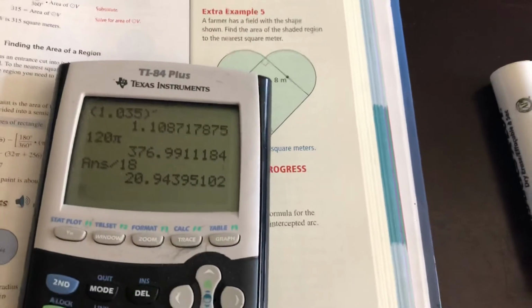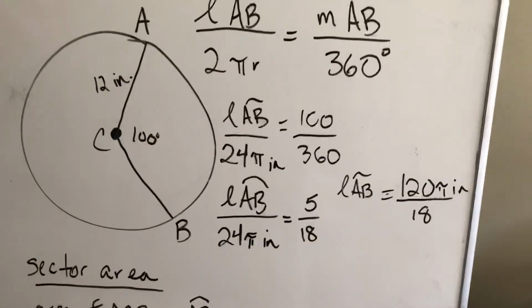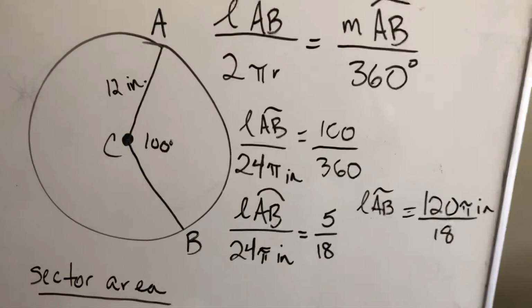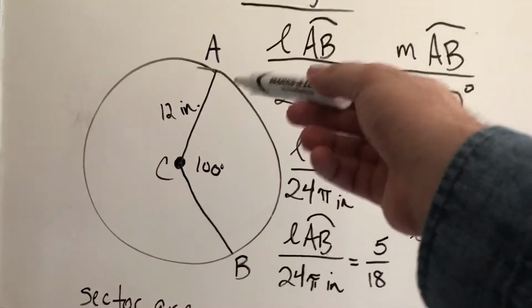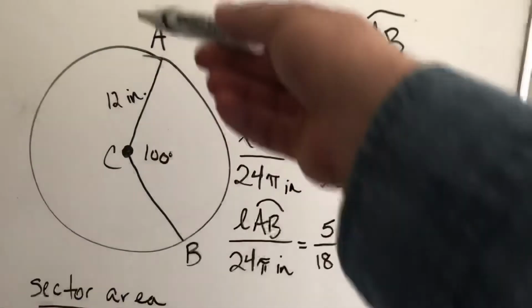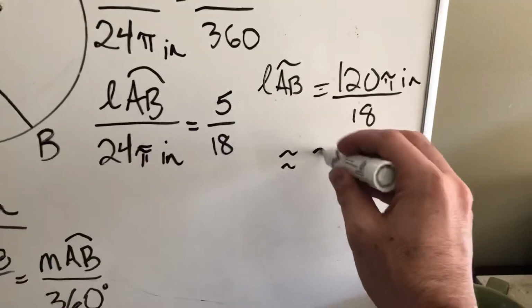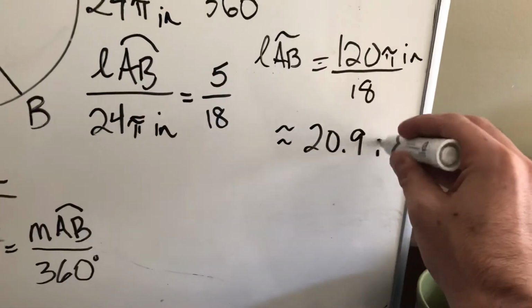So 20.9 inches is what I would round this to. And look back at the example. Again, my drawing's not perfect, not to scale, but I'd say that seems about right for a circle. If it's got a radius of 12, for a 100 degree arc to give about 21 inches seems about right. So we're going to say approximately 20.9 inches.